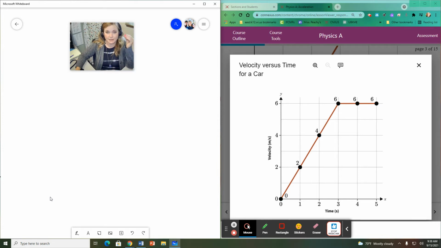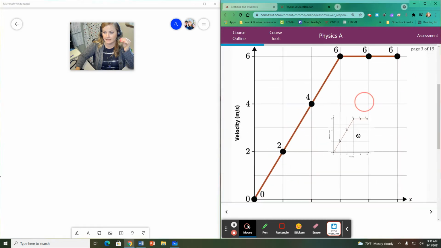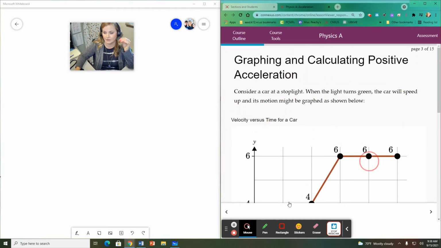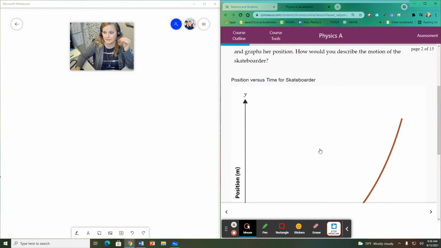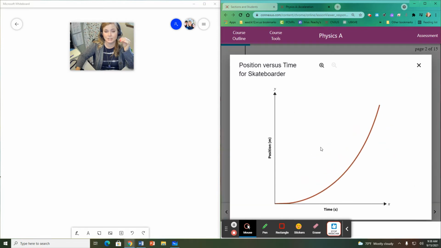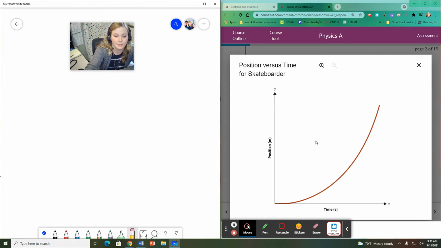So let's back up a little bit. Let's go back to our previous graph as a reminder. In a position versus time graph, the y component is displacement, right? And the x-axis is time.